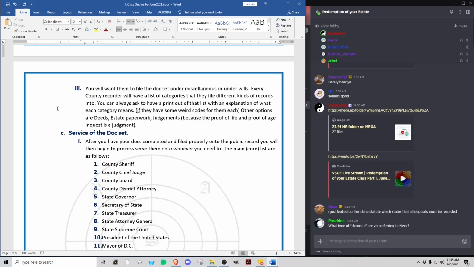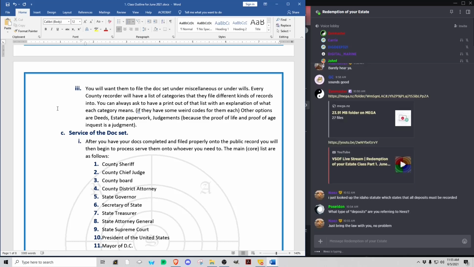There were deeds, there were transfers, there were acknowledgments, there were wills, there was water rights stuff, there was mortgages, there was liens. They have this long list of these different categories.